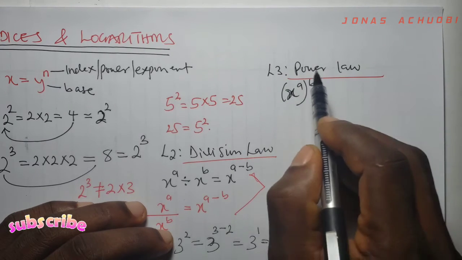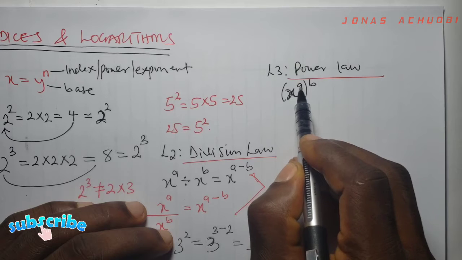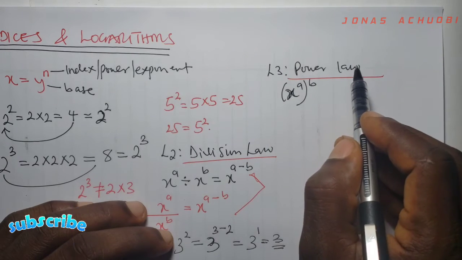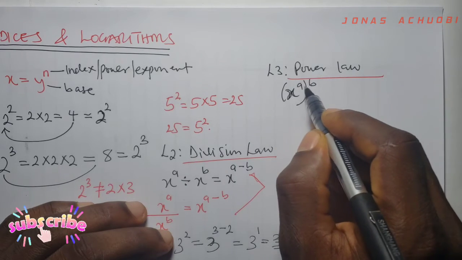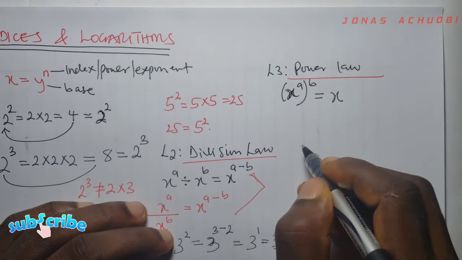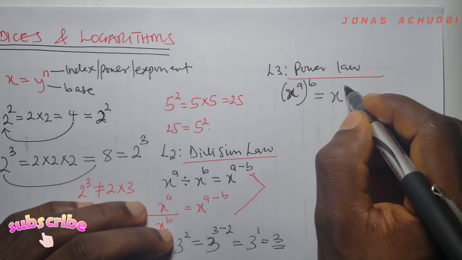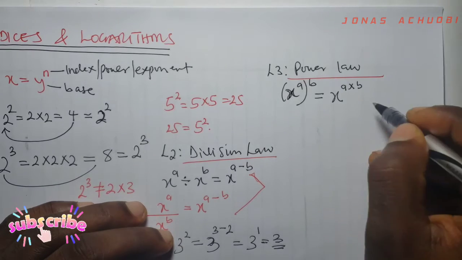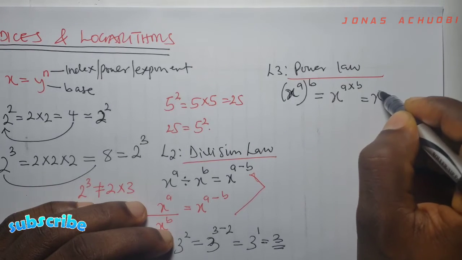So we observe here that there are two powers. There's a power inside, there's another power outside. Hence the power law. What the power law of indices states is that once we have two powers like this, one inside and the other one outside, we should multiply out the powers. So this would mean x raised to the power a times b, which becomes x raised to the power ab.